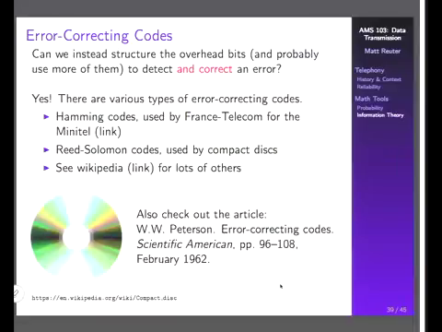We're going to add a little bit more of this overhead or contextual information, so there are more bits that we add on to the back of our message, but we're going to structure them in a way that not only are we able to detect the error, but we can actually correct it as well. And if we realize there's an error, we don't necessarily have to go back to our sender and say, oh, there was a problem, resend. We can just fix it.